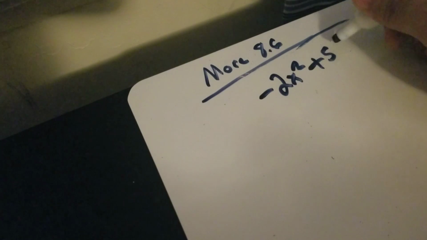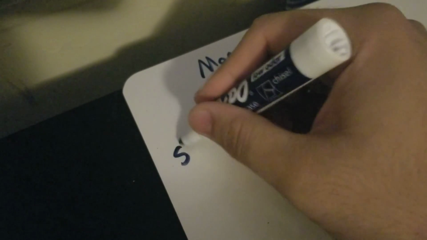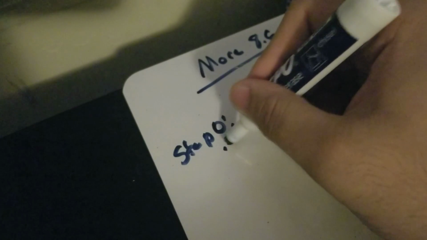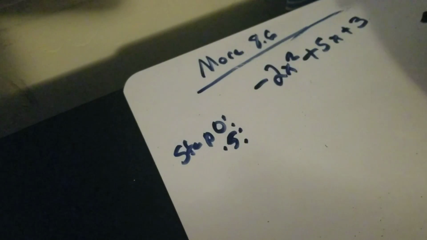Negative 2x squared minus 5x plus 3, and I'm changing them all to x's. I don't care what variable you use. So you could add this as a step 0, I guess. And I know you guys don't like it when I say step 0, so maybe you want to say step 0.5.